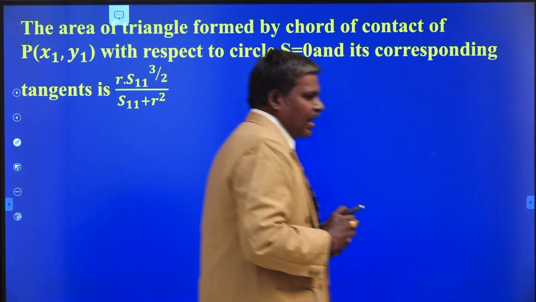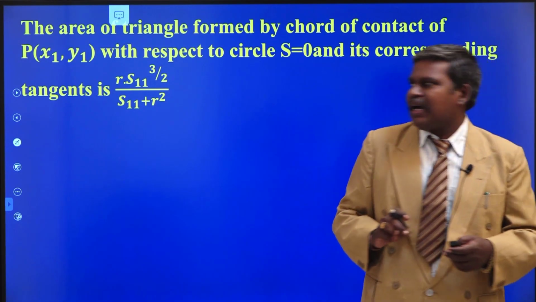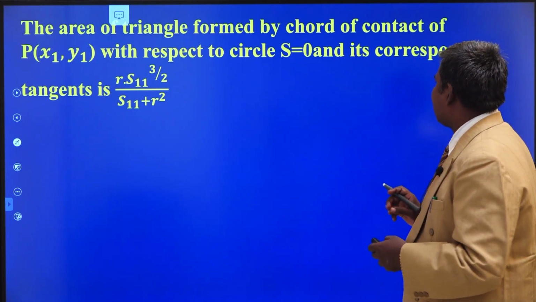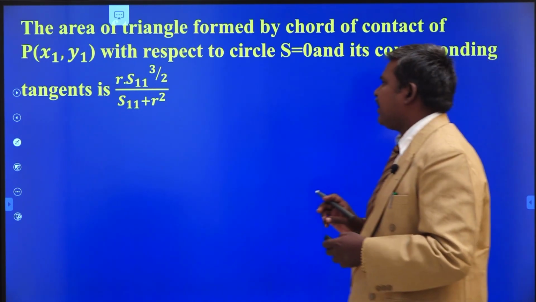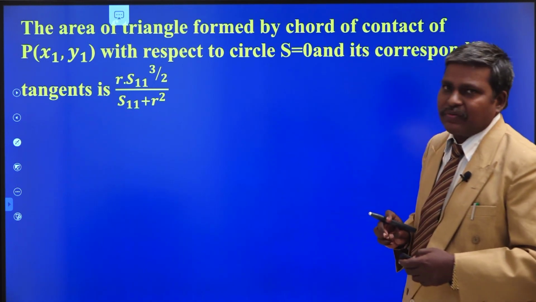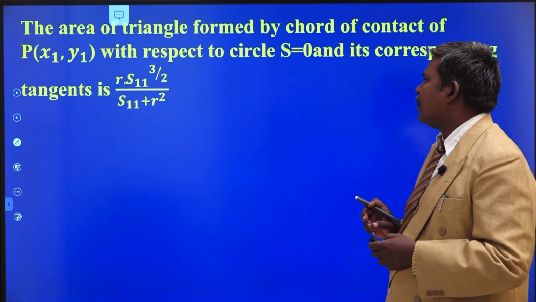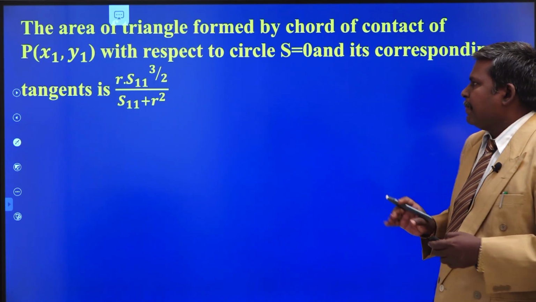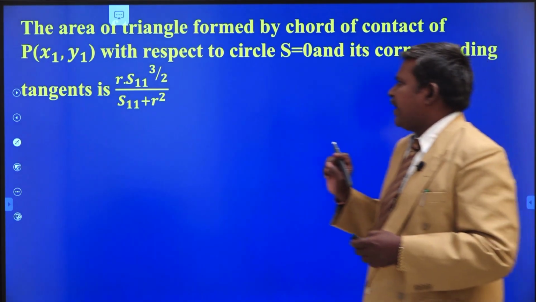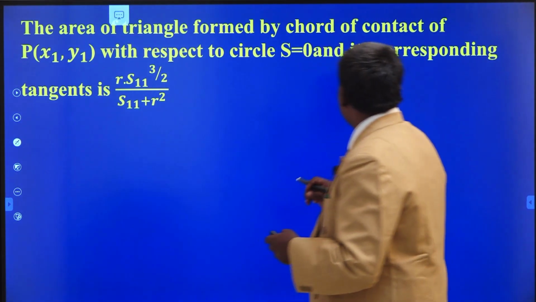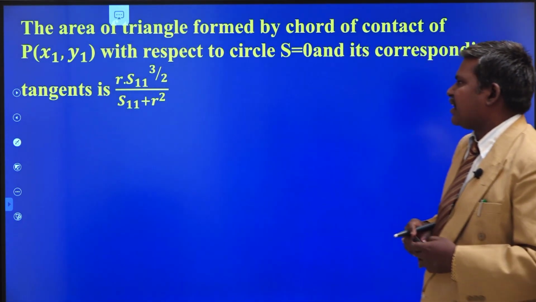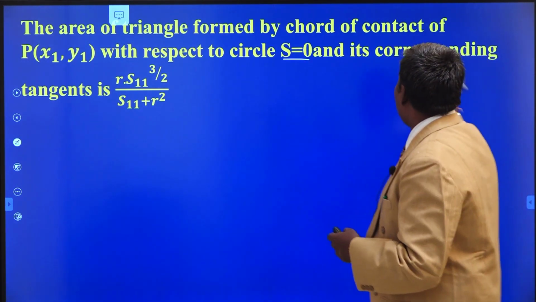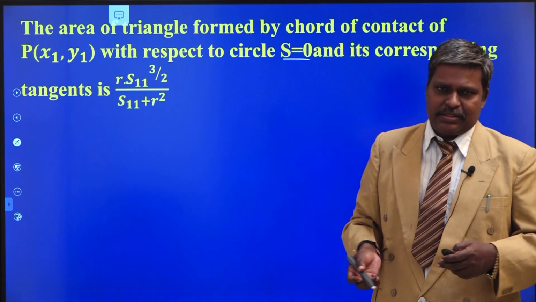Next one. The area of the triangle formed by the chord of contact of P(x1, y1) with respect to the circle S equal to 0 and its corresponding tangents is r into (S11) to the power of 3 by 2, divided by (S11 plus r square). You are going to prove that.